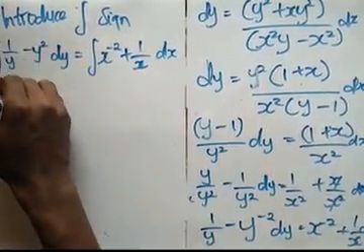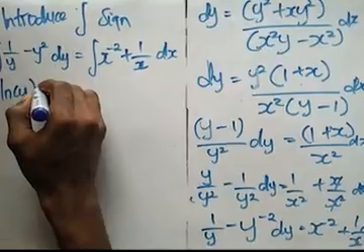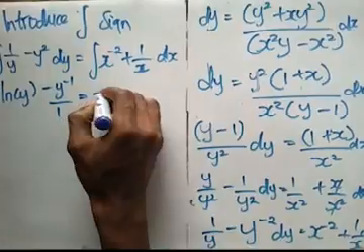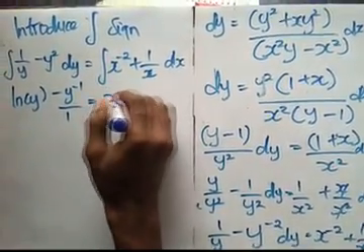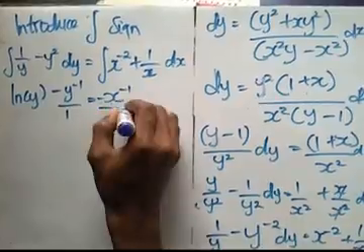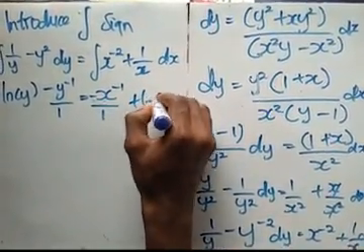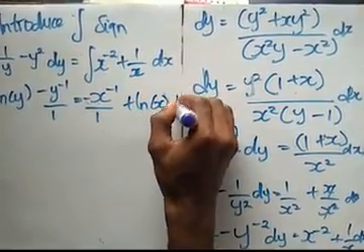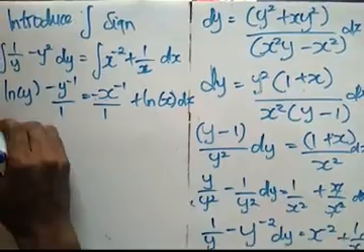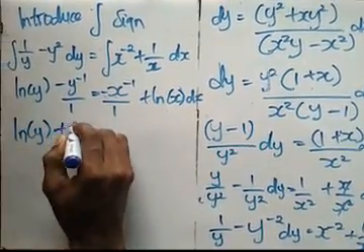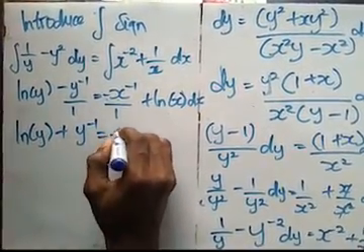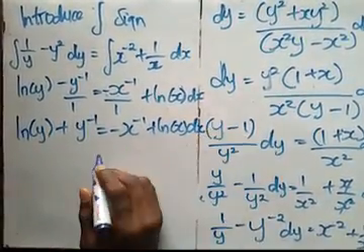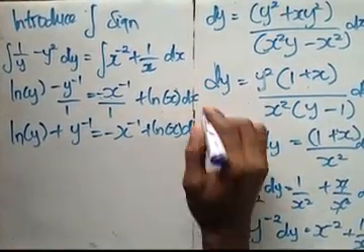So we obtain the natural log of y plus 1 over y equals minus 1 over x plus the natural log of x.